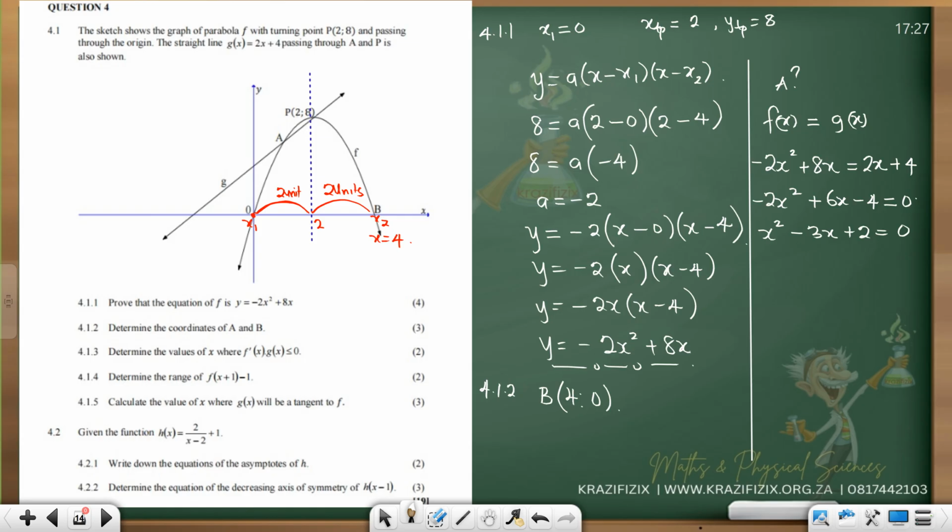All right, just to simplify. And I see my factors already. Negative 2 and negative 1. So what do we have? x equals 2, which is my turning point. You see, it's clear that it passes through that turning point.